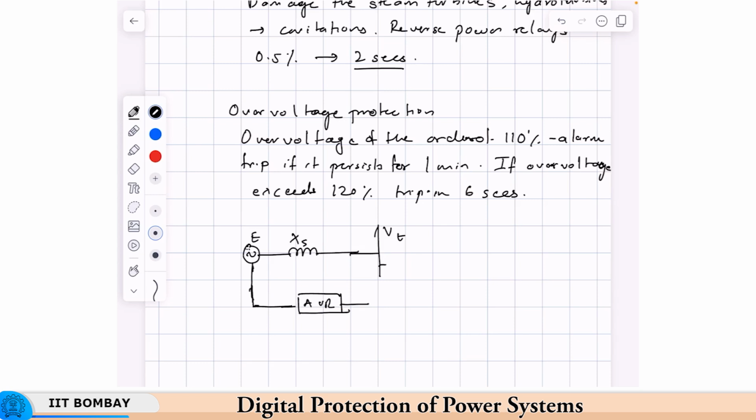It takes the input from the terminal voltage at a comparator here, and has a reference input here, Vref. It regulates the field current to control the open circuit voltage. So, terminal voltage is controlled by this AVR here.